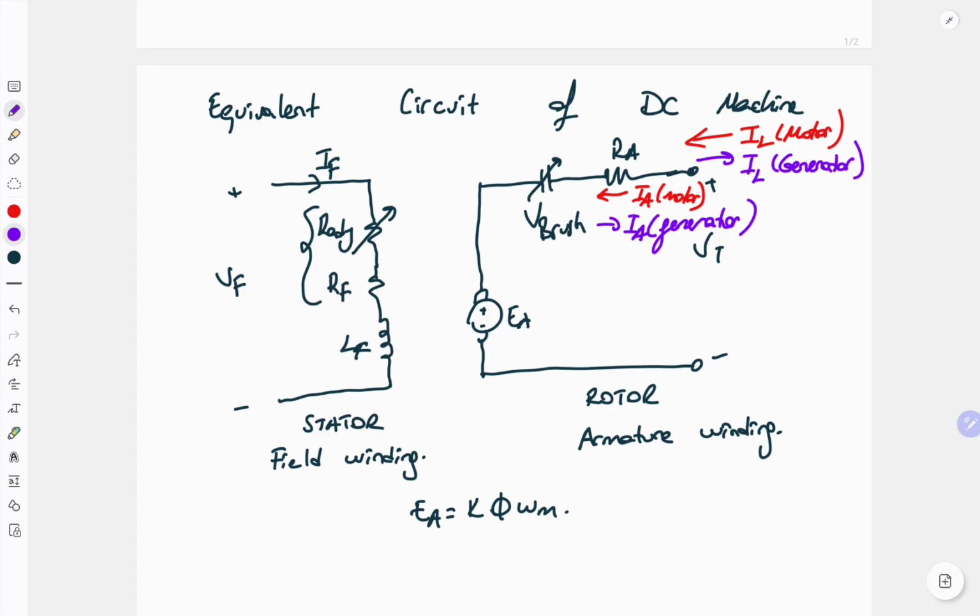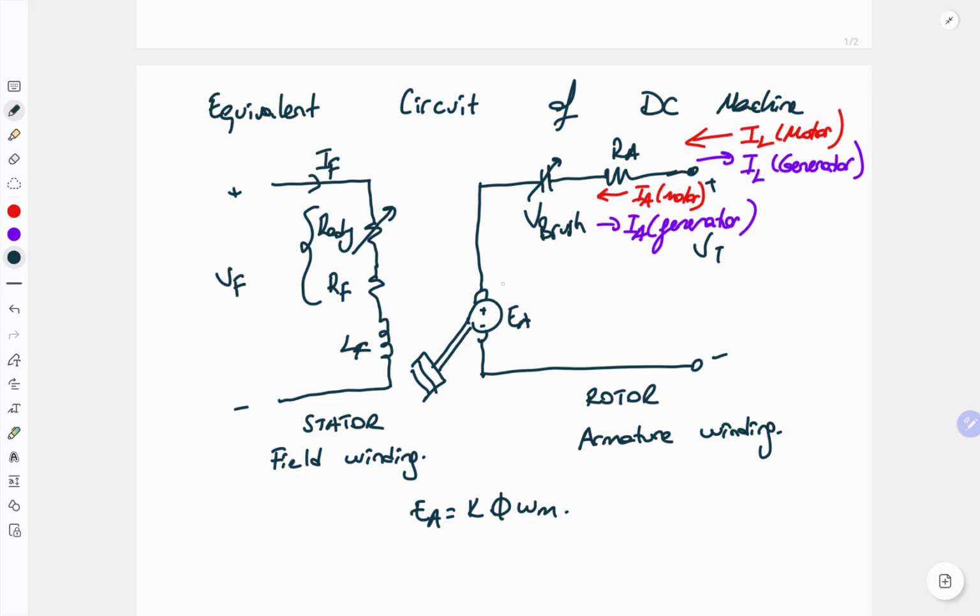Okay, this is the general equivalent circuit of a DC machine. In motor or generator operation, only IA and IL directions will change. IF direction will remain the same. EA polarity will remain the same. In addition to that, after we apply the voltage or during our voltage output, our mechanical part can be shown through the EA.